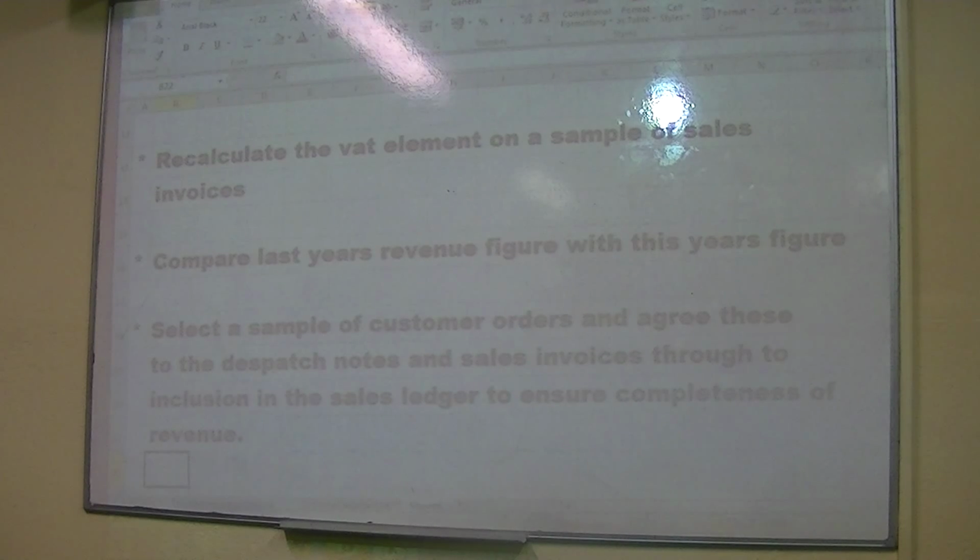Same again, we're going to look at our requirements. It was June 2011, question 3, and it's Applejacks Limited.